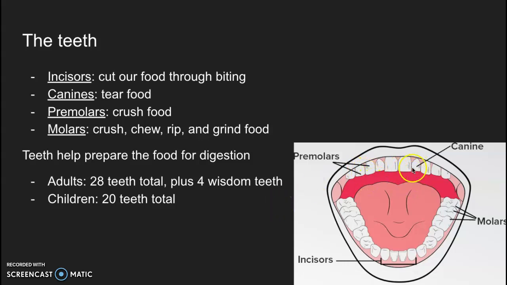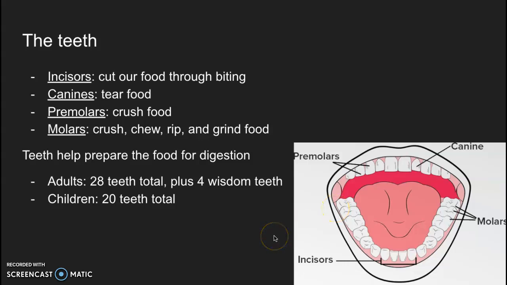These are a little bit sharper because they tear at our food. When you think of canines, you probably think of the word dog. Canines have very sharp teeth, and ours are pretty sharp, and they are meant to tear food or tear meat.